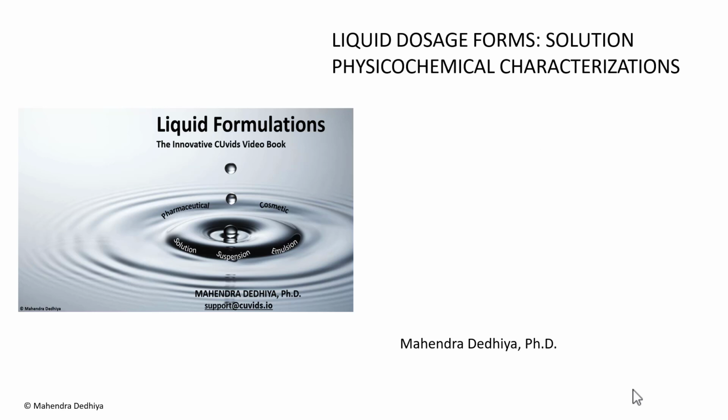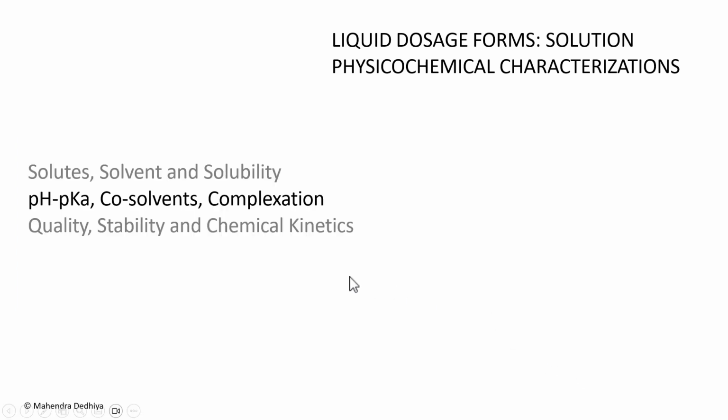The second module focuses on physicochemical characterization, and in this submodule we'll look at pH pKa relationships, cosolvent and complexation, how they affect solubility of the solute.